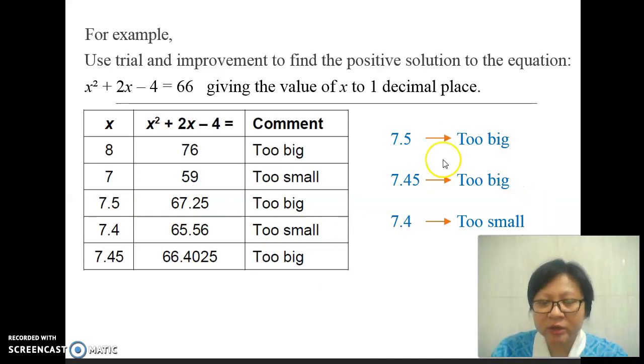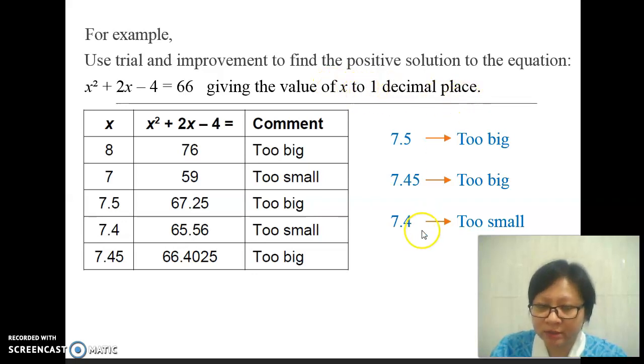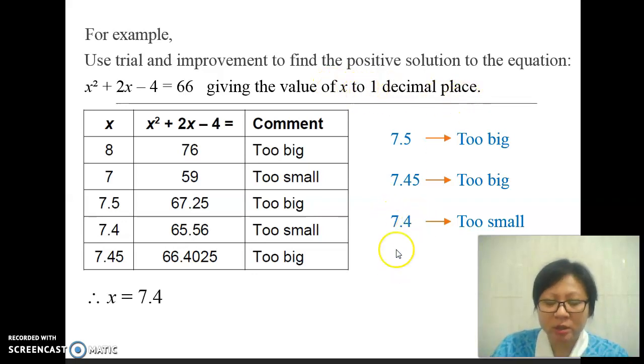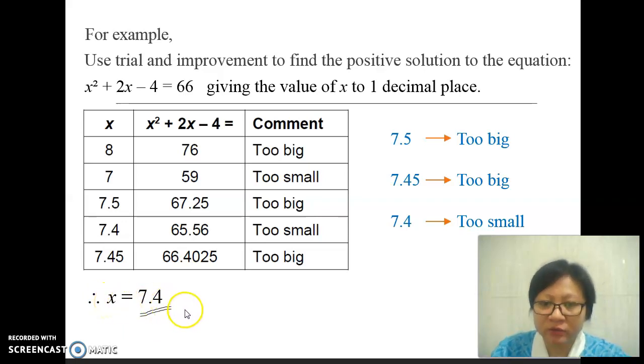And then you calculate the middle value, 7.45, and the result is too big. Since the middle value is too big, it means you have to round down. You have to choose 7.4 because you need to give the value of x to one decimal place. Therefore, the value of x is 7.4.